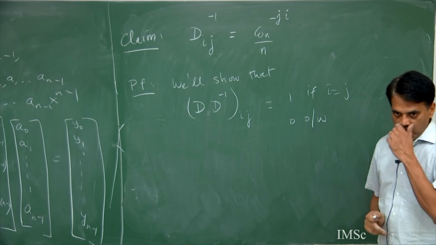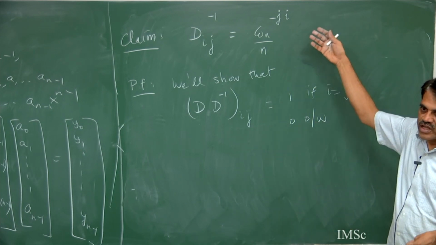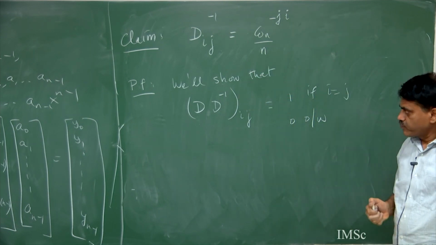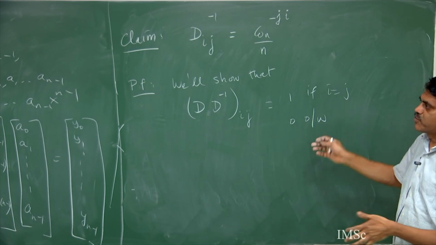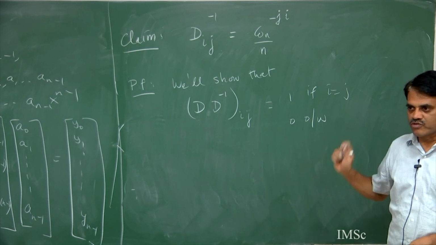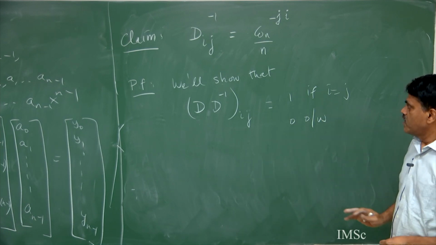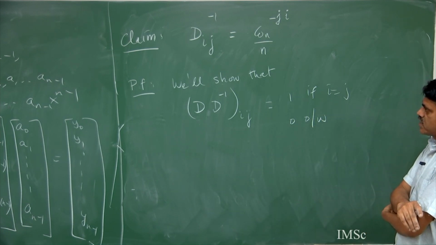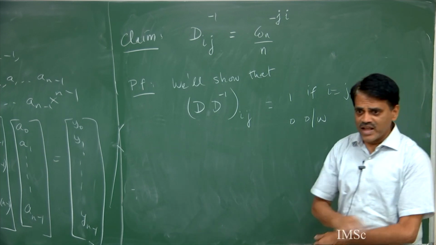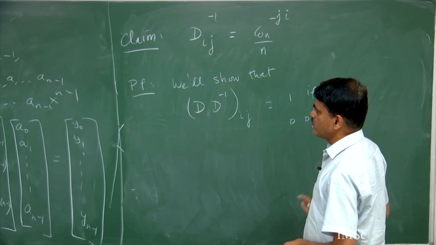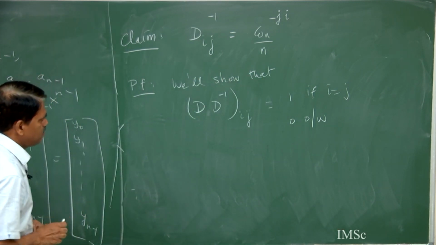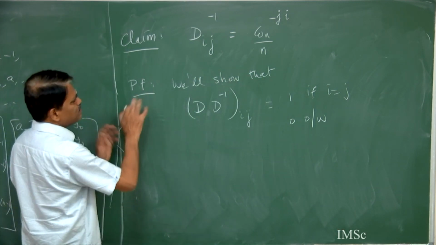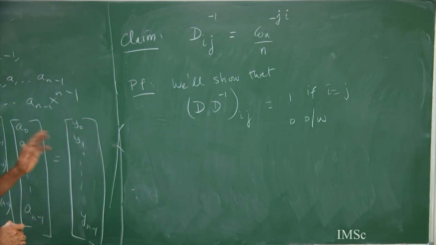That will show that what I have is actually the inverse of that matrix. Okay. This is yet another property of the complex nth roots of unity, some very simple property. We will use that and show this. But is it clear that if I show this, then computing D inverse or computing the AIs works? Okay. So let me actually get on to proving this.